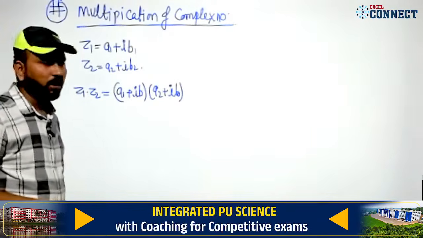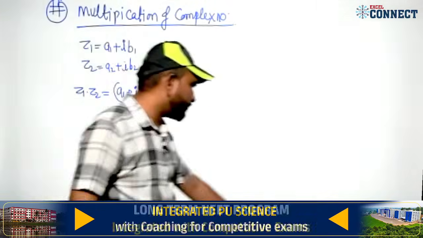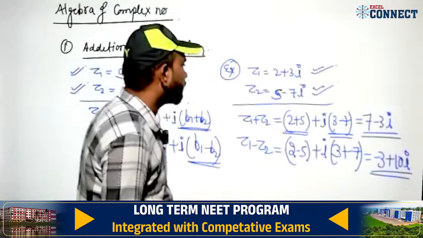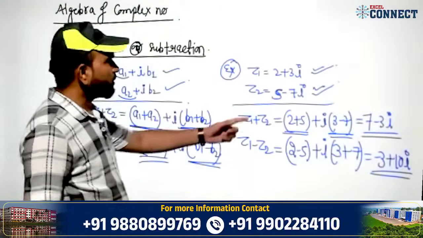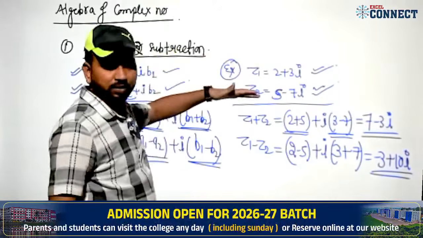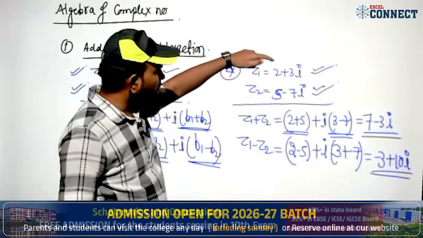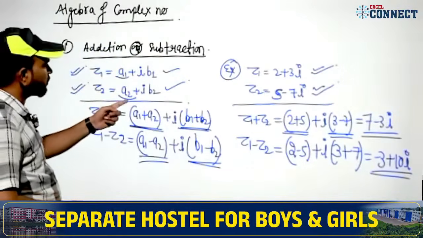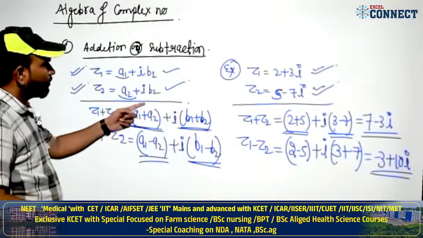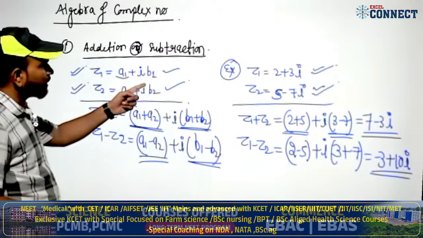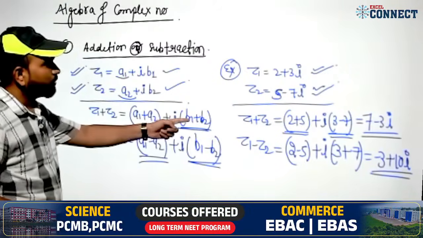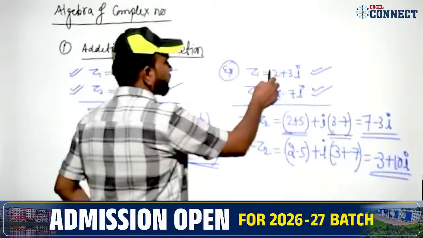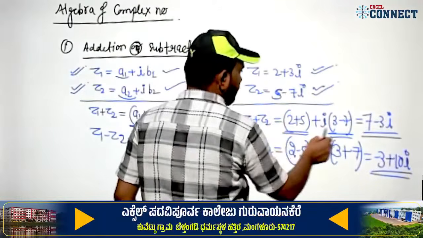Sir, I did not understand how 7 minus 3i. Why? Come here. This portion I added, z1 plus z2. It means you need to add the real part here. Let's suppose I added here. So this real portion is a1 plus a2. Plus iota common in this, so b1 plus b2 will come. So here I added the real portion, 2 plus 5 is 7.